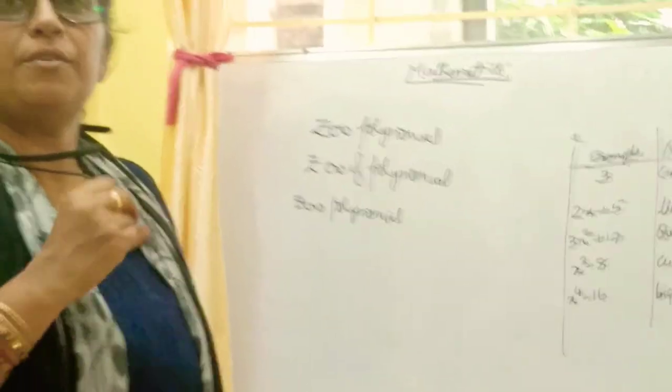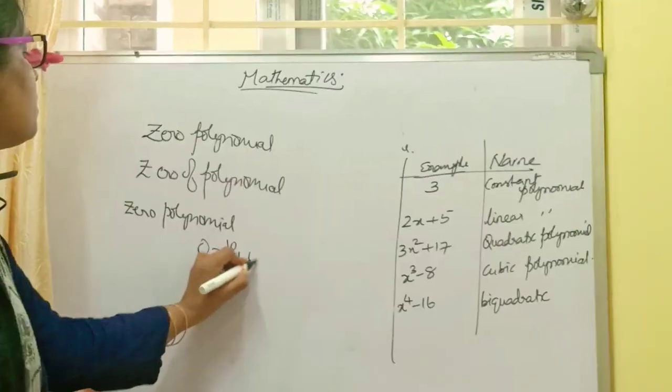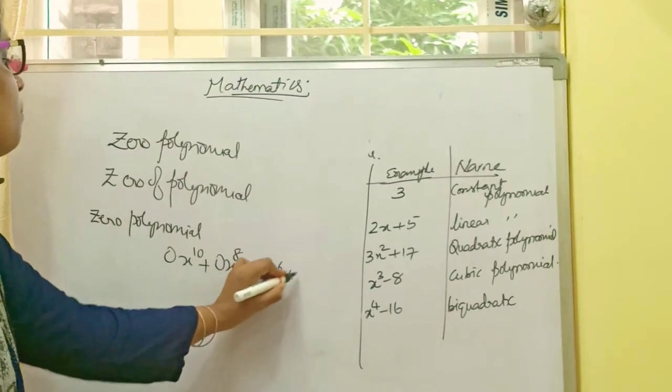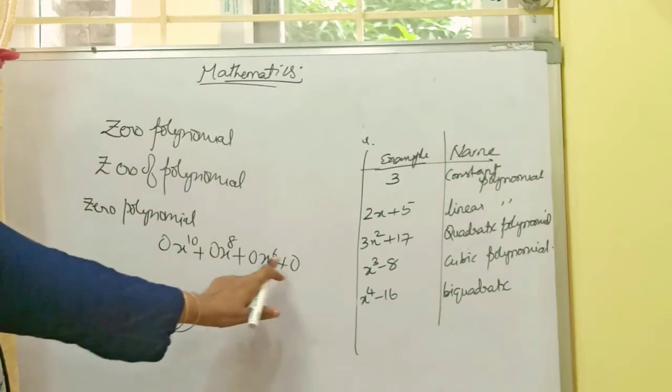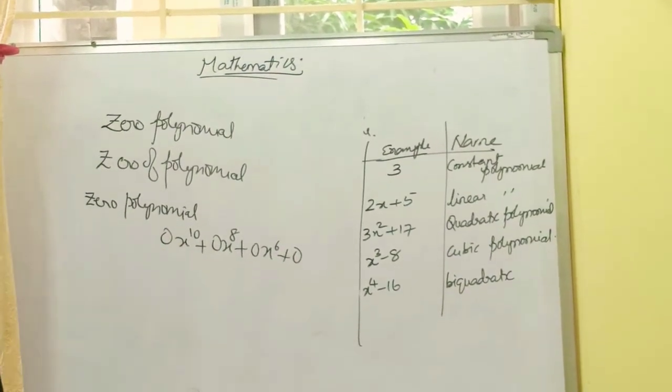Every coefficient for various powers of the variable is 0. For example, 0x to the power of 10, plus 0x to the power of 8, plus 0x to the power of 6, plus 0, like this. So every coefficient is 0 for various powers of the variable. So it is called a zero polynomial.